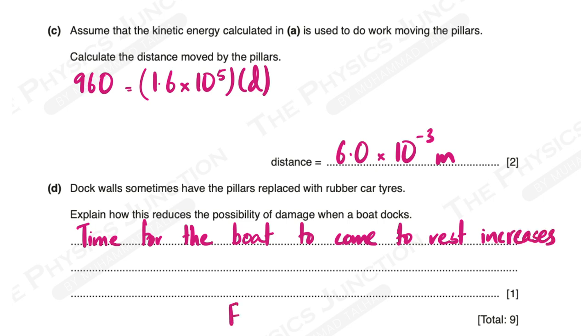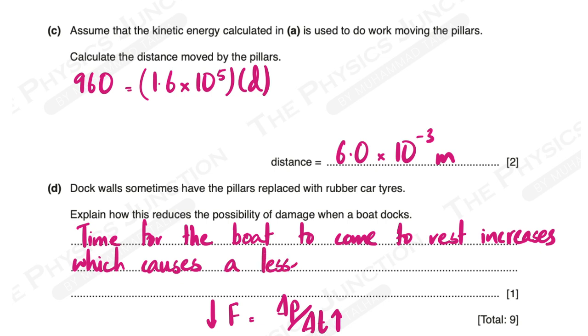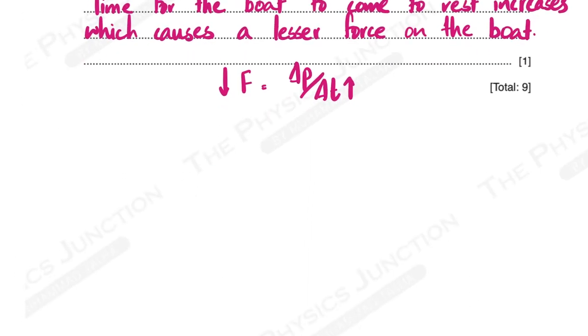And by this formula I know that if time goes up, the force acting would go down, which causes a lesser force on the boat, right? So which reduces damage, obviously. Let's go on to the next one.